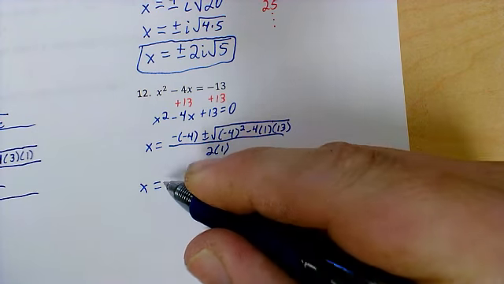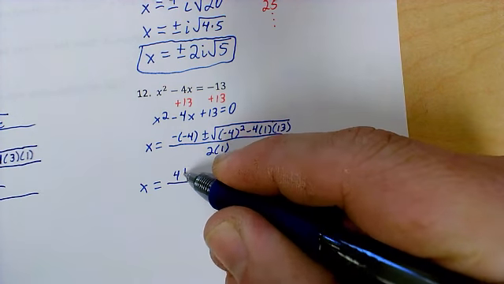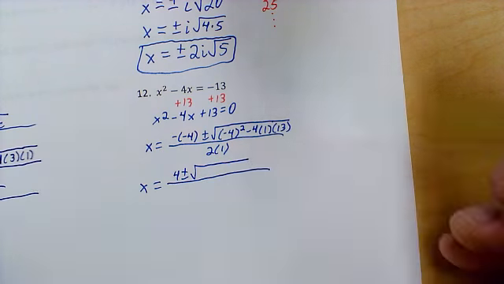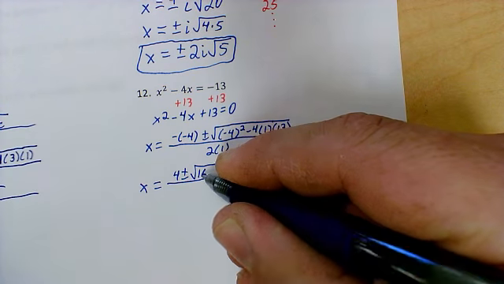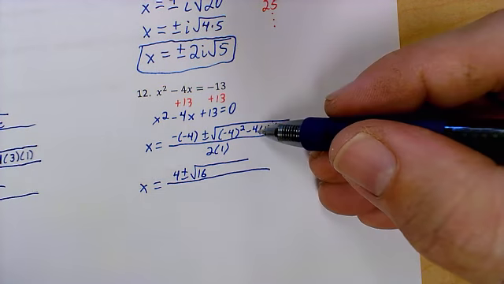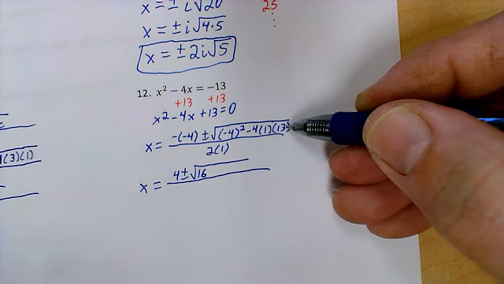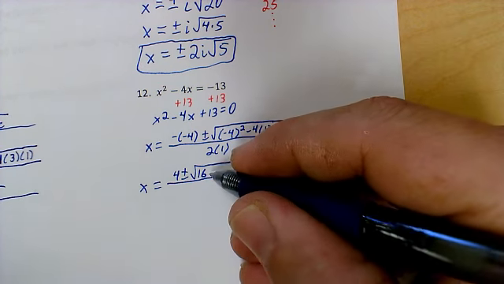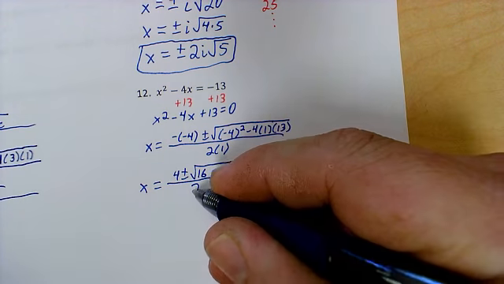All right, so x equals negative 4 is going to be positive 4, plus or minus the square root of negative 4 squared, which is going to be positive 16, since negative 4 times negative 4 gives you 16. Negative 4 times 1 is negative 4. Negative 4 times 13 is negative 52. And 2 times 1 is 2.